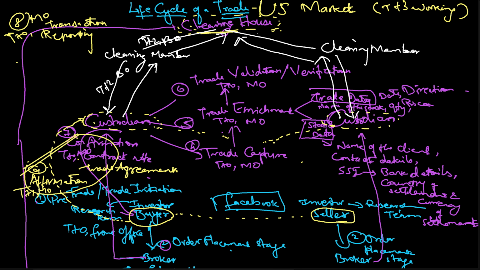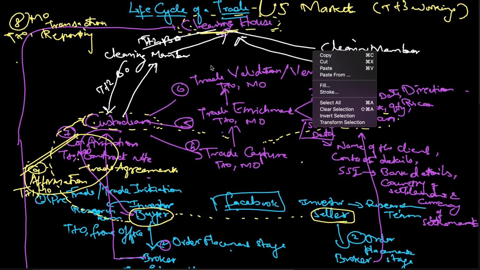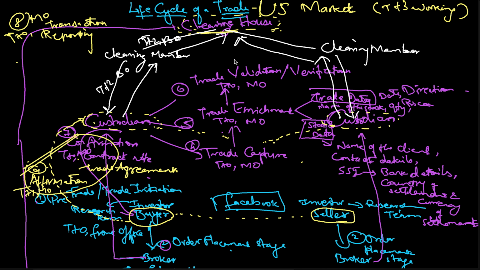So now clearinghouse knows that the trade has taken place and it has been confirmed by both the custodians. Now clearinghouse will have an idea about exactly who owes how much, and then clearinghouse will pass on these details to another entity called depository. Okay, depository.